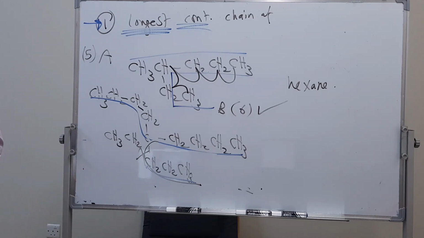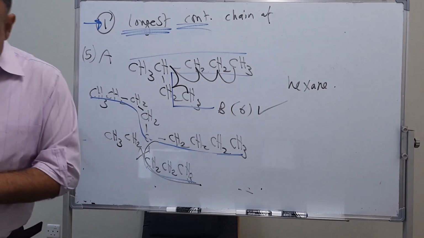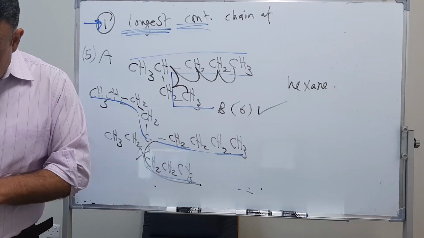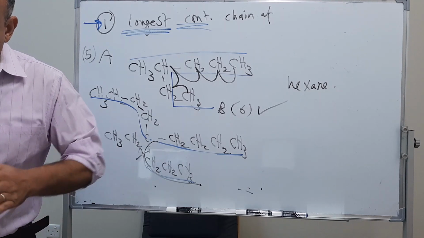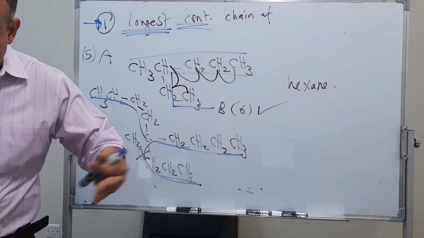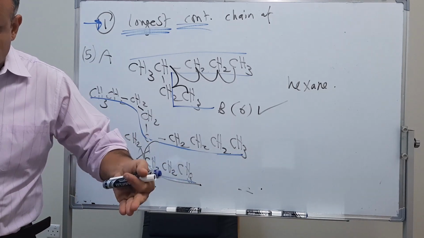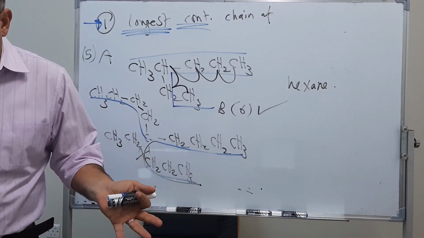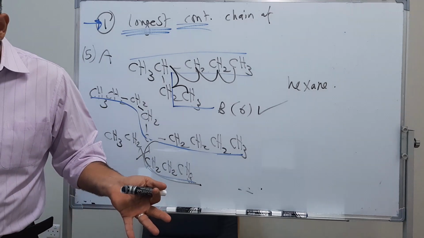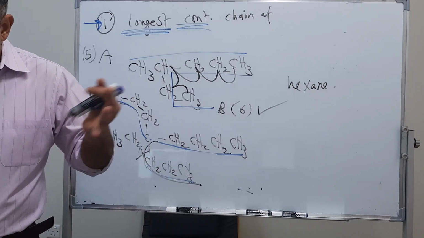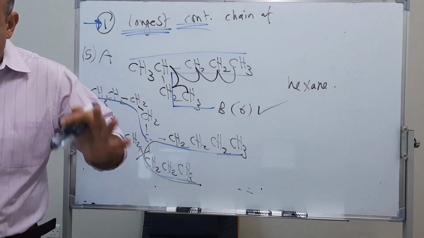Yes, please. It doesn't matter what atom is connected to the carbon? I don't get your question actually. So what if there is another atom rather than nitrogen connected with a carbon atom? We'll come to that when we discuss other functional groups. But now we are discussing alkanes. Alkanes have no other atoms for the time being. Do you follow me? Now we just focus on the longest chain of carbon atoms.